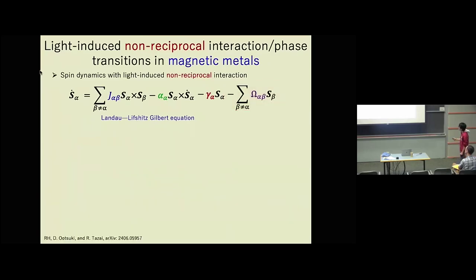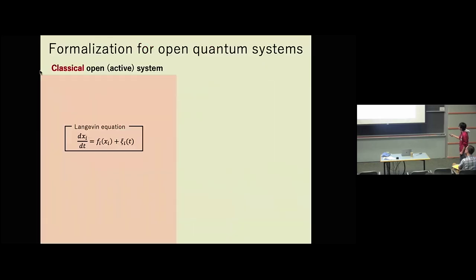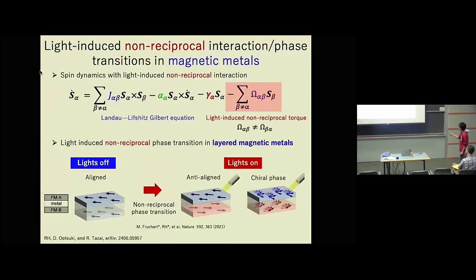As a result, by applying this idea to layered ferromagnets, the aligned phase can have a transition either from aligned to anti-aligned, or from aligned to this chiral phase.